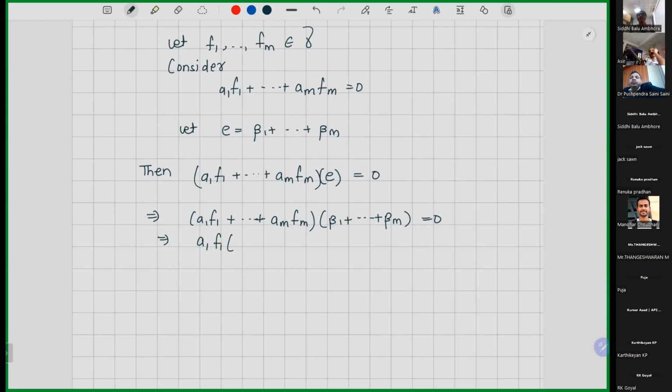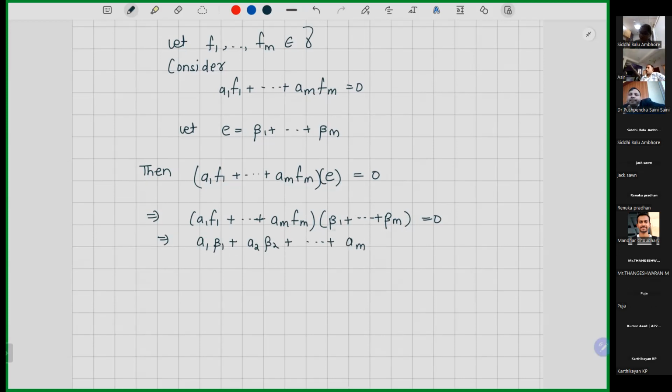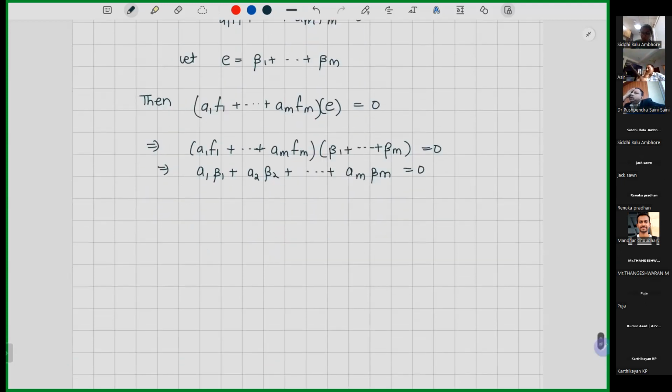So F1 of E is beta 1 itself. Similarly for A2 F2, beta 1 goes to 0, beta 2 goes to beta 2, and the rest go to 0. So this is again beta 2. And similarly AM times FM, when operated on this, gives beta M.